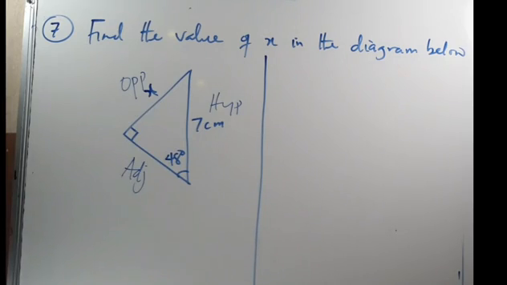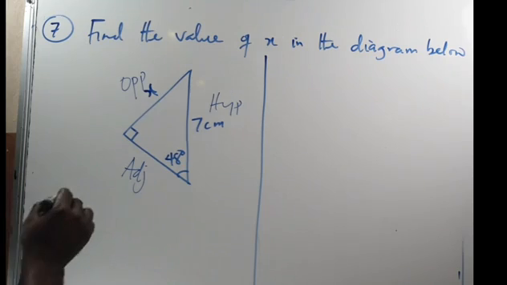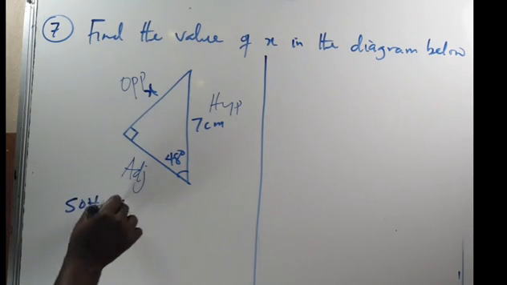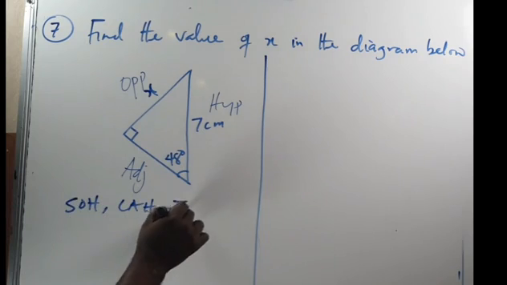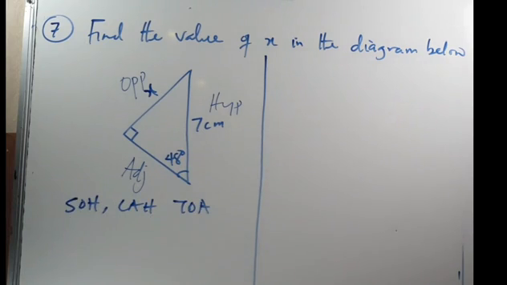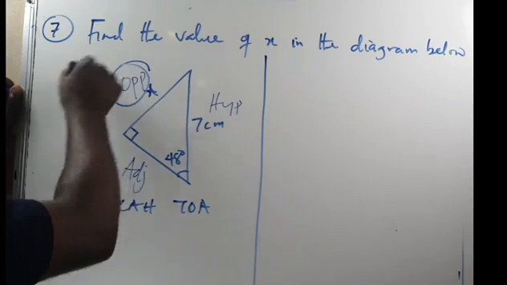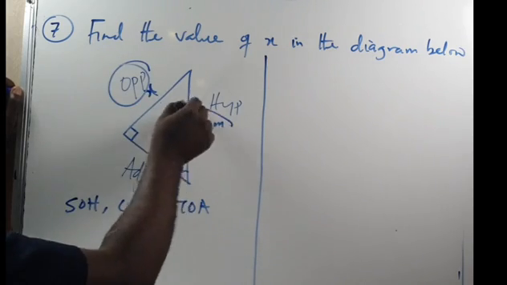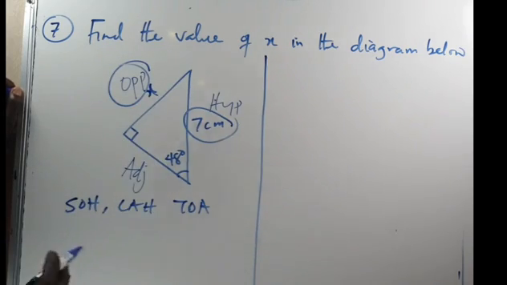So the next stage now is for us to determine which of the formula to use. So SOH, CAH or TOA. So which of them are we going to use? Before we look at that, we need to look at what we are given. We're looking for x, and we're given 7. So that means we are looking for opposite, and we are given hypotenuse. That means you're going to make use of what?